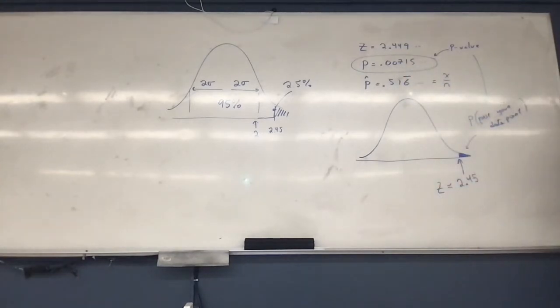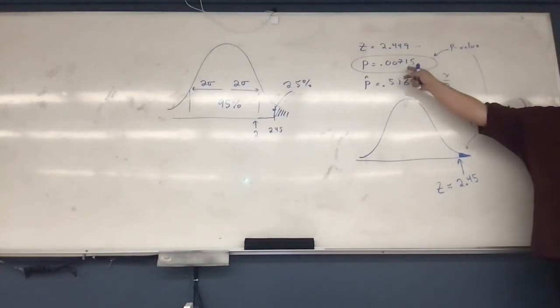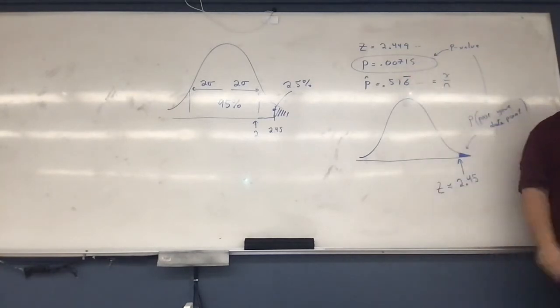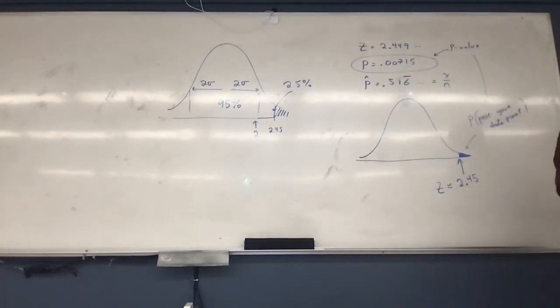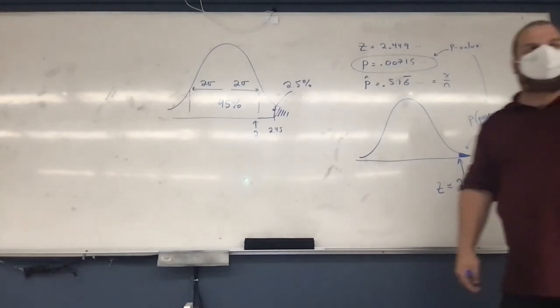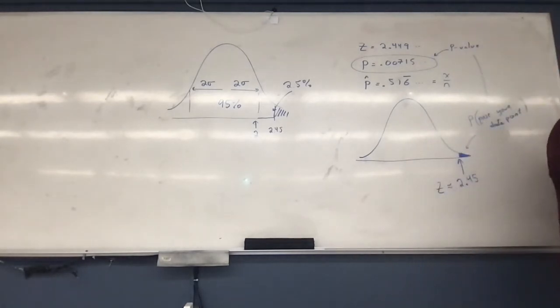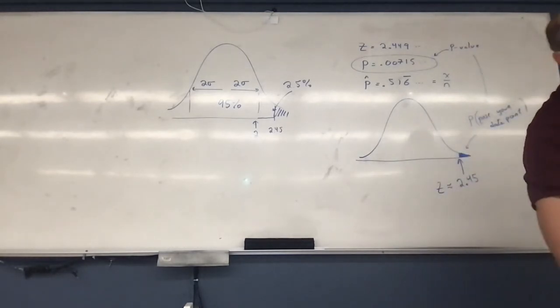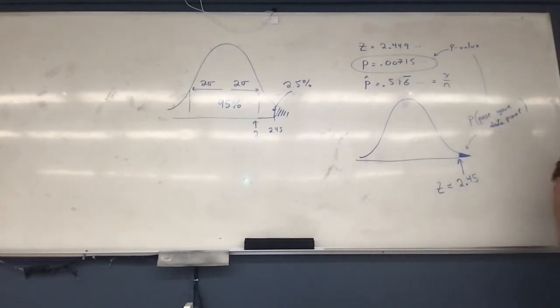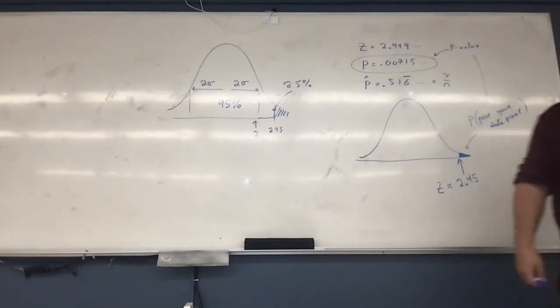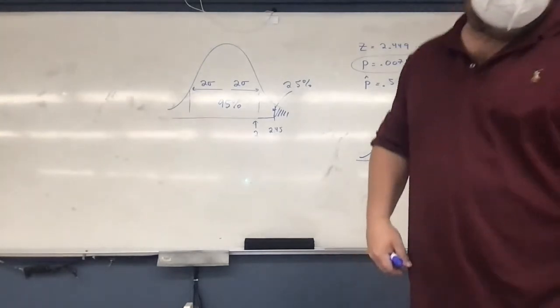For Z, it's a little harder to interpret, so I always recommend focusing on the p-value. It's the one and only number you need to come to any conclusions about the test. If it's less than 5%, reject the null hypothesis in favor of the alternative. If it's not, we don't. We don't accept anything. We either reject or do not reject the null hypothesis.